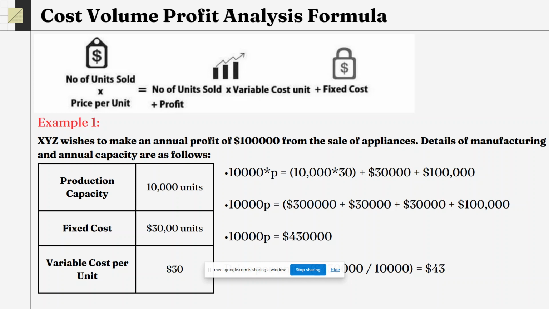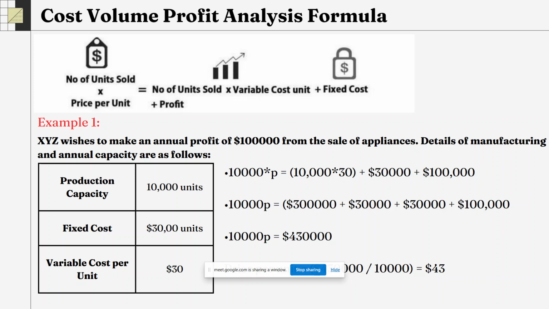So 10,000 times price per unit is equal to 300,000. Yun na yung sum ng minultiply natin na number of units sold times variable cost per unit. And then, plus na lang ulit, ibababa natin yung fixed cost which is 30,000 and then plus profit na 100,000. And then, after that, i-add natin yung sum ng number of units sold times variable cost per unit plus fixed cost plus profit, which is 430,000 yung kinalabasan niya.